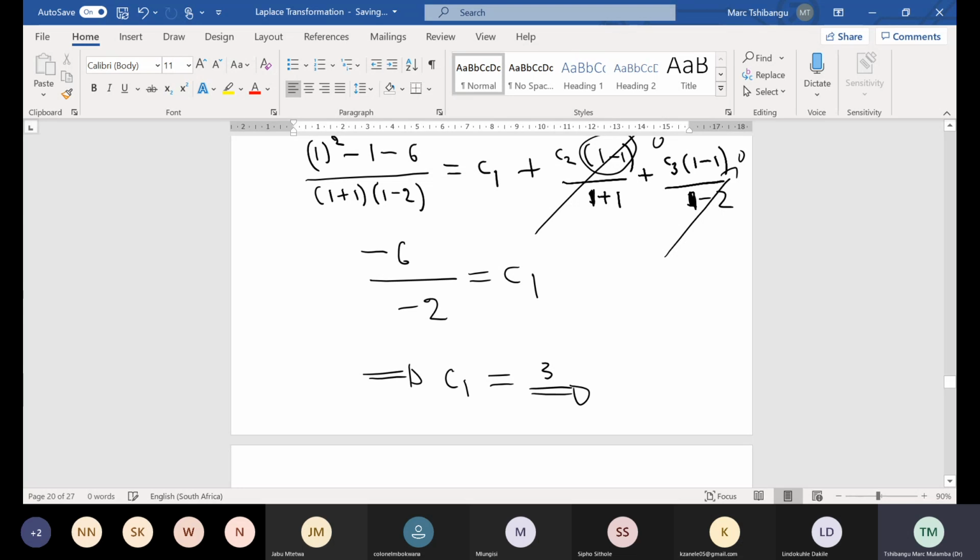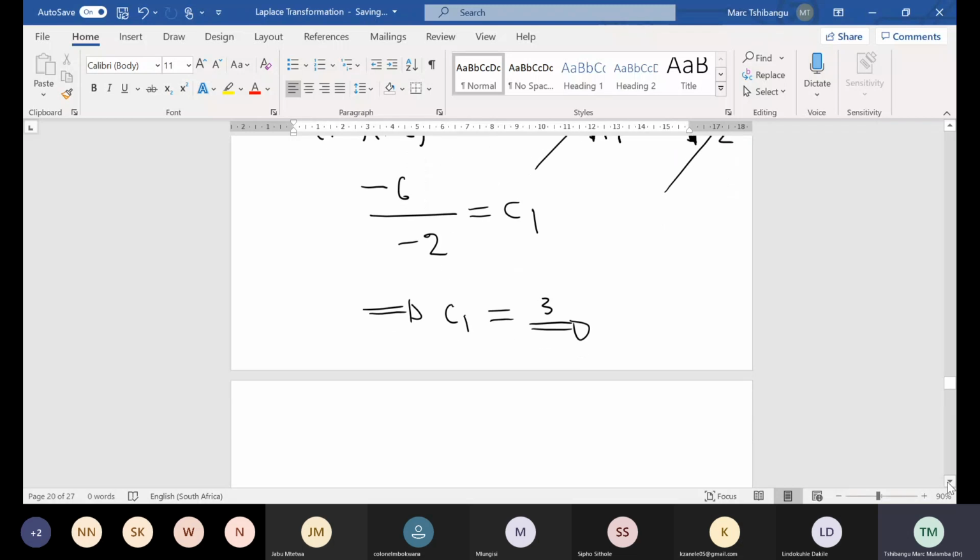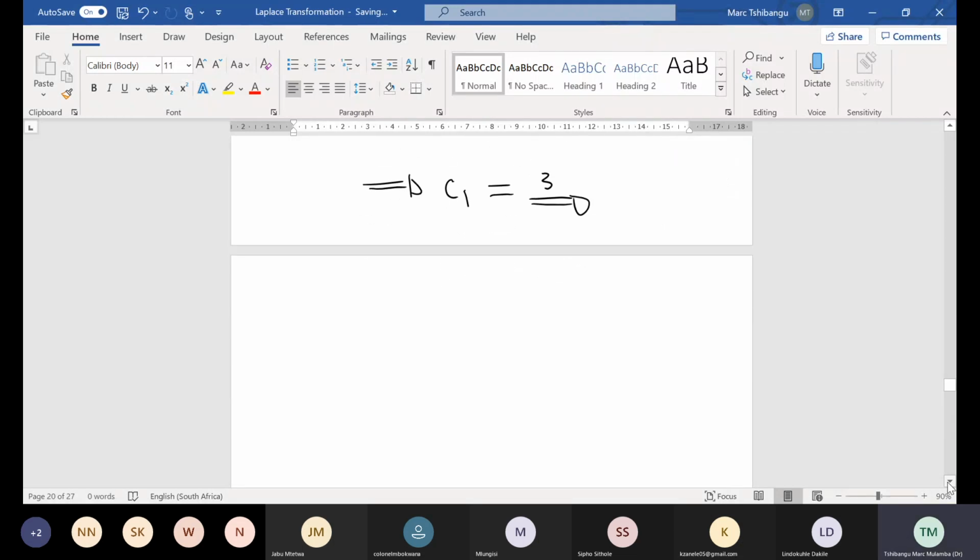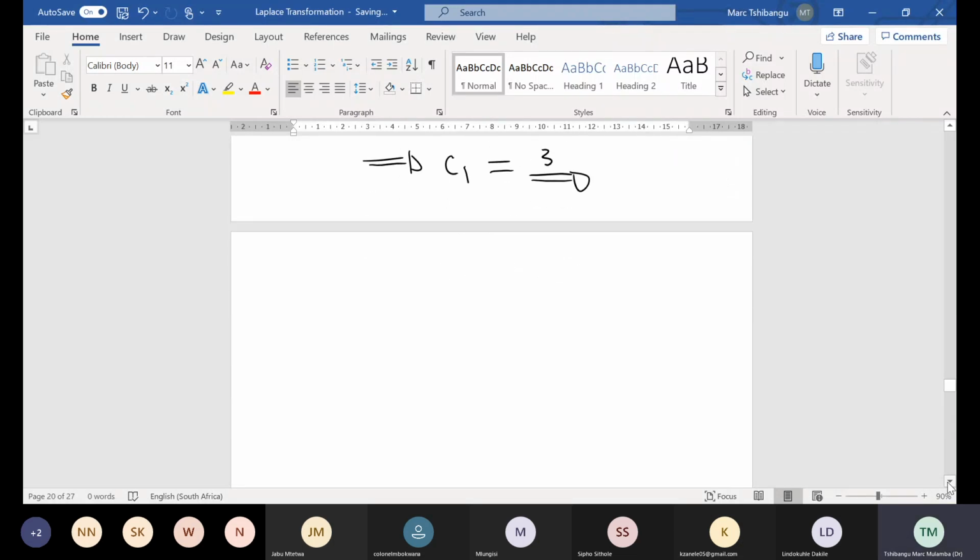So we're going to obtain C2 in the same manner. So I'll do C2 bit by bit, C3 bit by bit, and then we'll speed up. Compute C2. So what we do is, remember, the denominator of C2 is S plus 1.